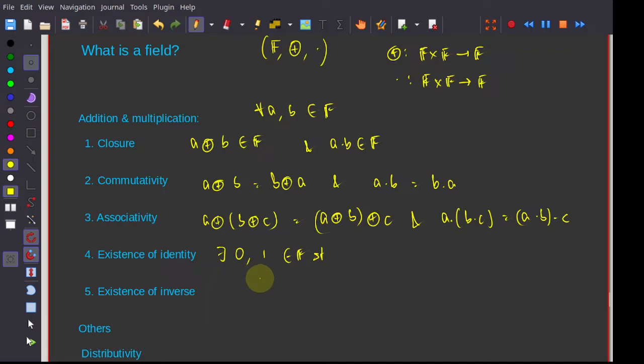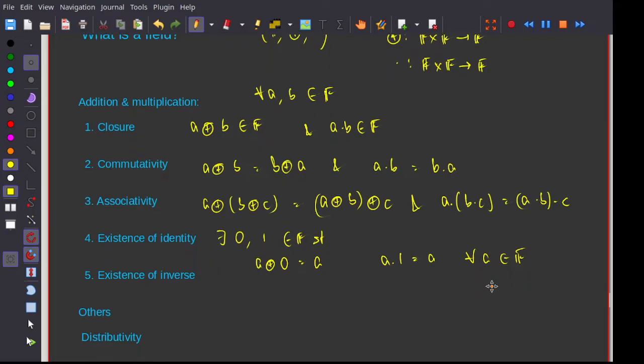The additive identity is such that a plus 0 is equal to a for all field elements a, and a times 1 is equal to a for all field elements. So there exist two special elements in the field, which we call the additive identity and the multiplicative identity.